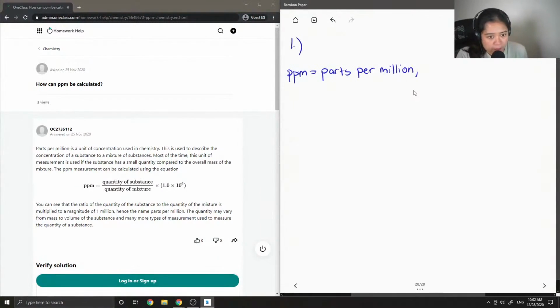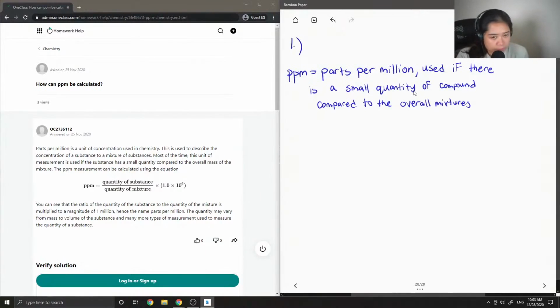So the term ppm is typically used if there is a small quantity of compound compared to the overall mixture's mass.